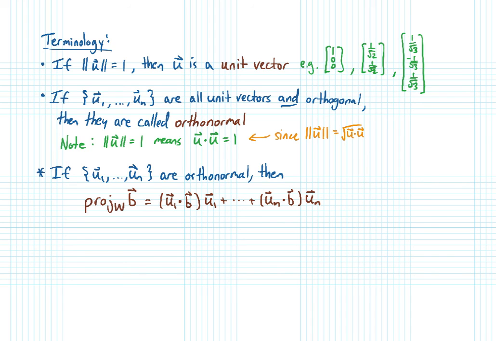So you'll see this formula a lot because it does make the calculations nicer, at least when you're doing abstract calculations. You can assume without loss of generality that all of your vectors are scaled properly so that they're unit vectors, and then you can use this formula, and it makes the calculations nicer. But in practice, unit vectors themselves are kind of ugly, except in some very special cases.